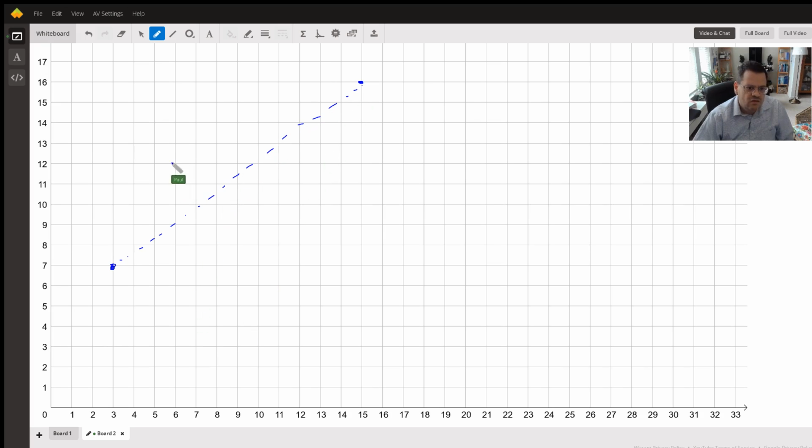So you can see we're dealing with the change in x and the change in y, right? So the change in x is going across from here, so it would be this distance. That would be the change in x.